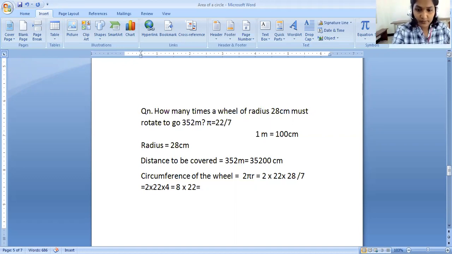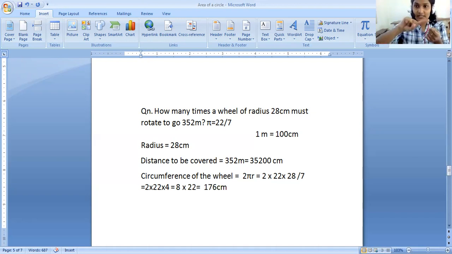Then that will be equal to 176 centimeter. It is the circumference of the wheel.